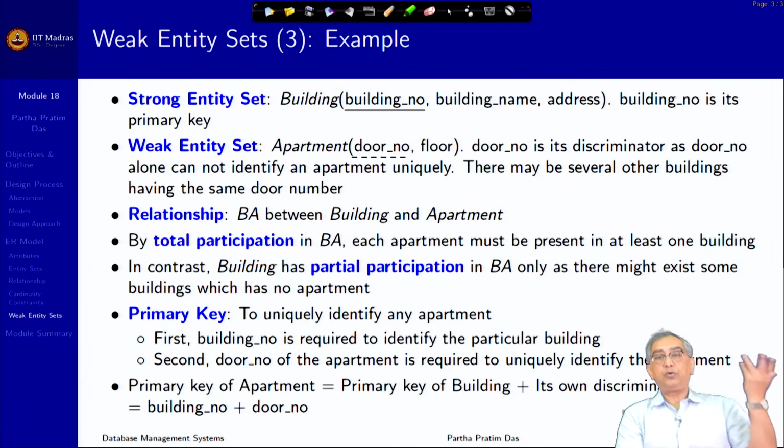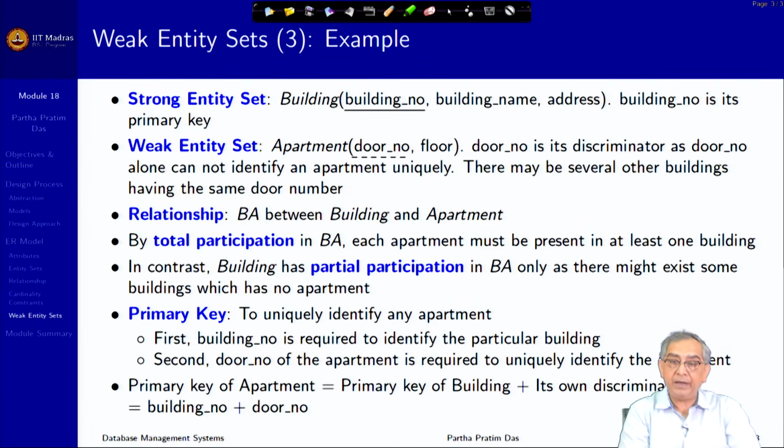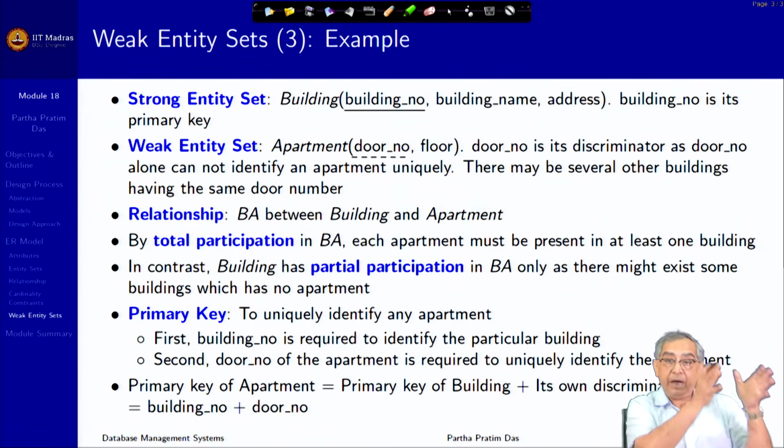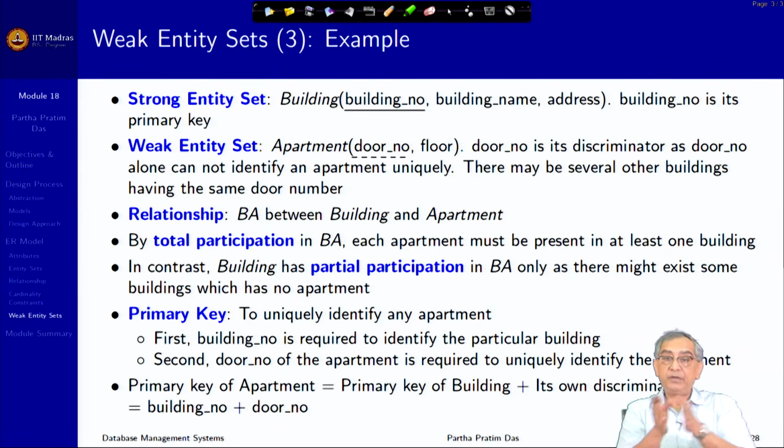This is called total participation, which means that every entity in the apartment set must have an association through the BA relationship to a building entity, whereas for a building it is a partial participation, because I can have a building which does not yet have apartments. Interiors have not been done, the walls have not been made, partitioning has not been done. So, there could be buildings without apartments, but there cannot be apartments without building.